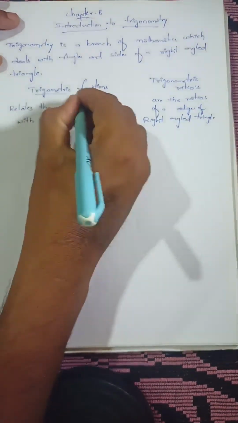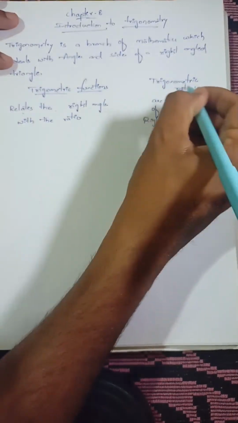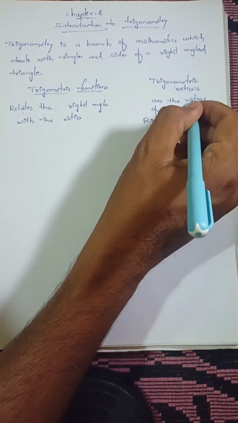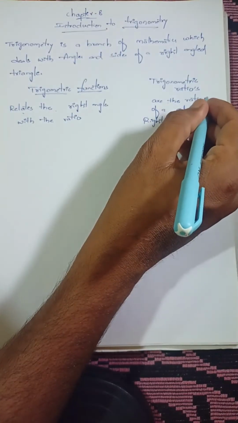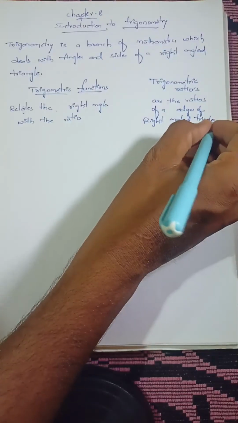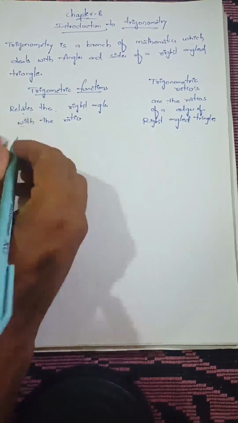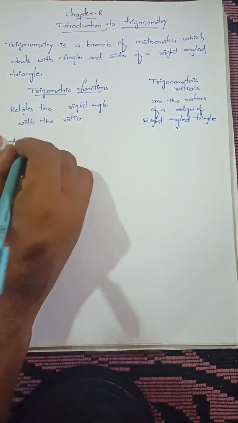So trigonometric functions relate the right angle with the ratios. Trigonometric ratios are the ratios of the edges of a right angle triangle. So we are now going to continue with the definitions, starting with angles.